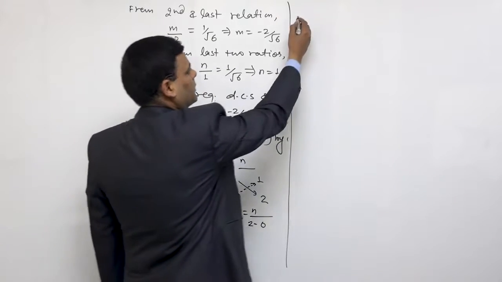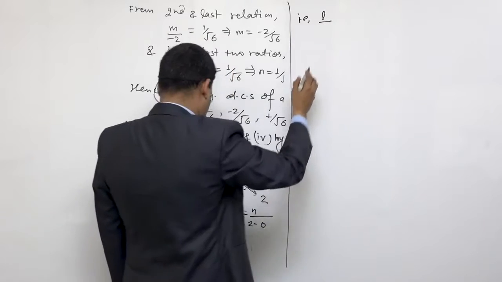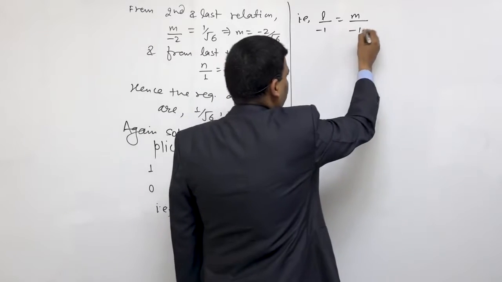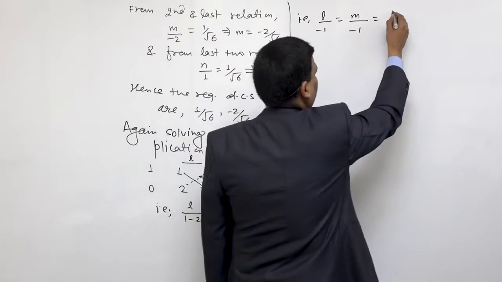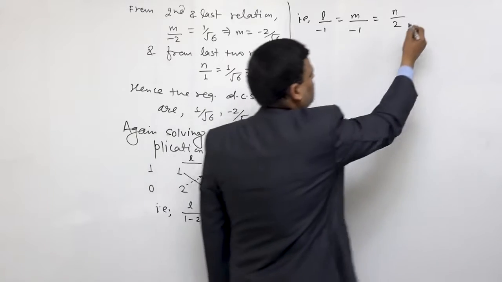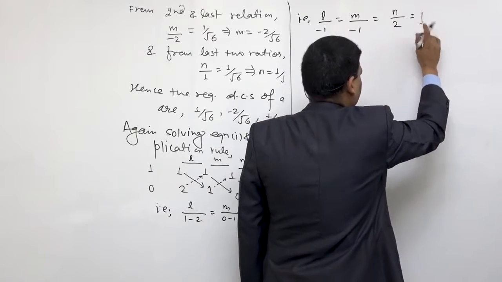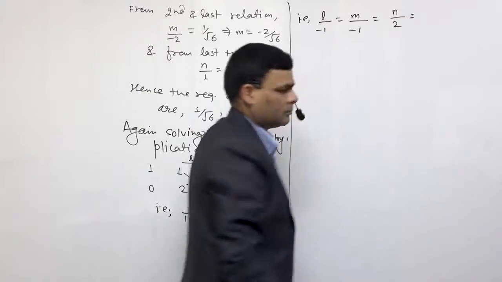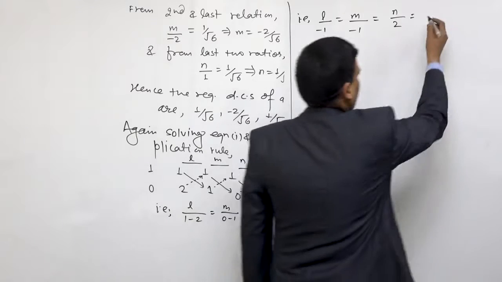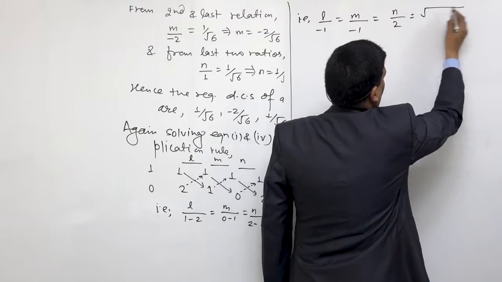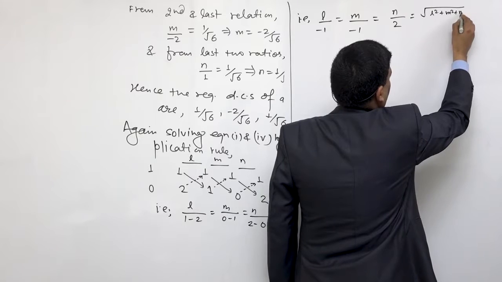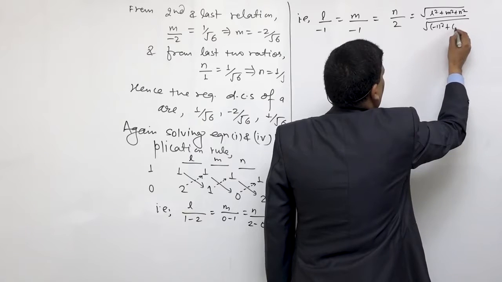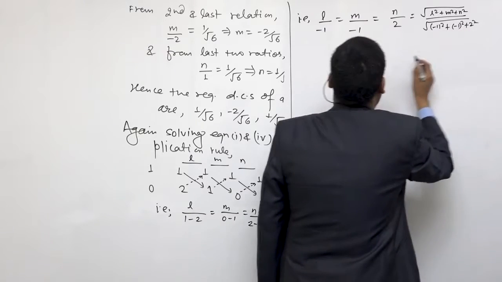That is, L upon minus 1 equals M upon minus 1 equals N upon 2 equals root over L square plus M square plus N square upon root over minus 1 square plus minus 1 square plus 2 square.